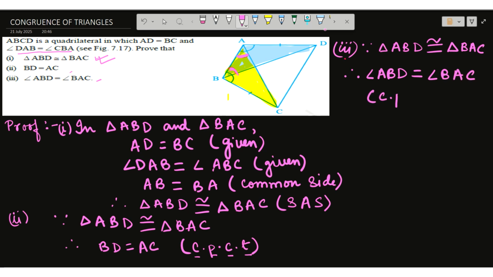The reason is CPCT, corresponding part of congruent triangle. So that's all for today. Thank you.